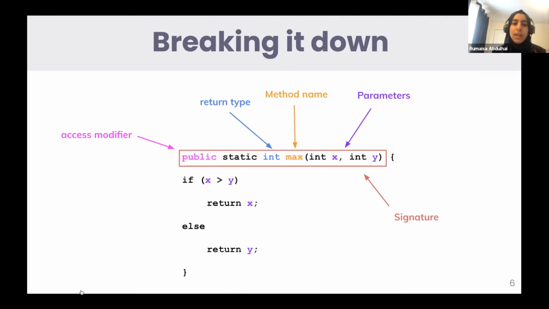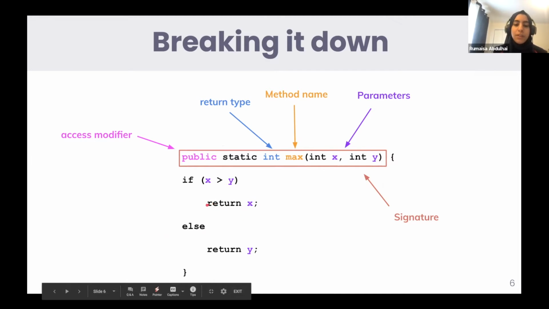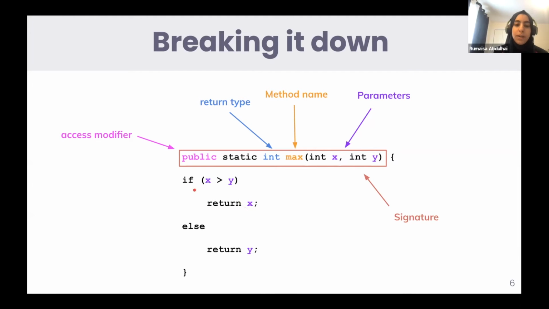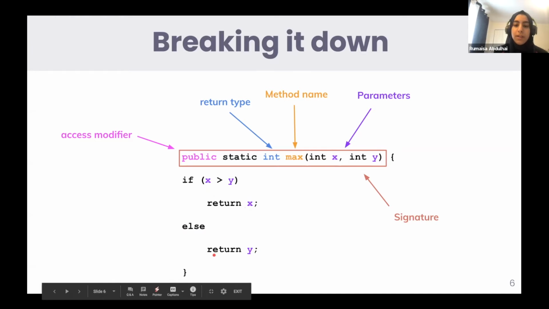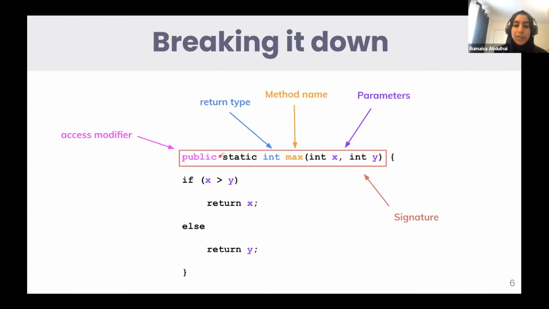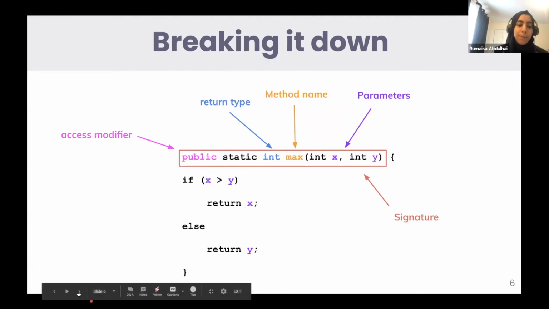So we have the access modifier, and a return type, what we're returning. You see this return keyword. If x is greater than y, return x, or else, if x is less than or equal to y, then we return y. And this static keyword, don't worry about it right now, but whenever you create a method, you should always use static for now.